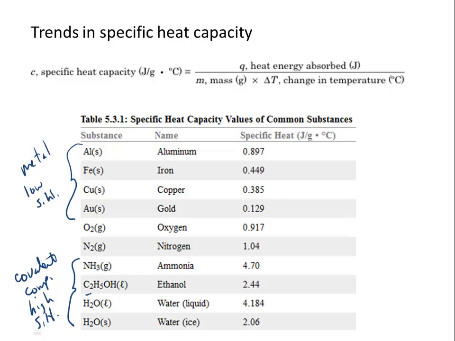And something that's really important is liquid water has not the highest specific heat capacity, but a very high specific heat capacity, which has a lot of environmental and economic and societal importance associated with it, which is left for another day.